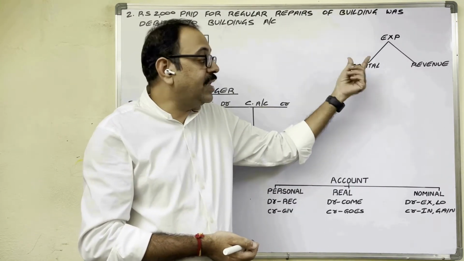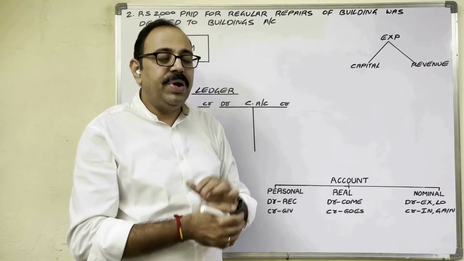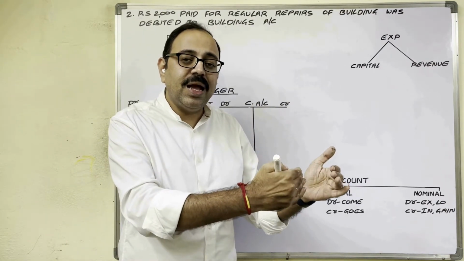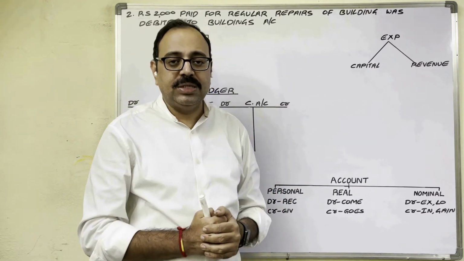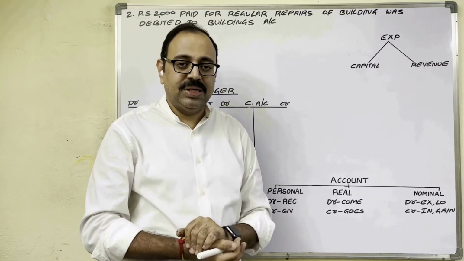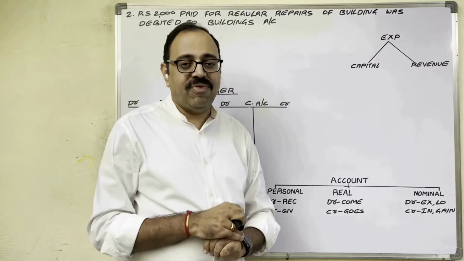In that case, that repair amount we should add to building value. Suppose we purchased a building for 10 lakh rupees and to bring that second-hand building into usage, we spend 1 lakh rupees towards repairs. Now, building value should be taken as 11 lakh rupees. That means this repair charge of 1 lakh, we are adding to building value.